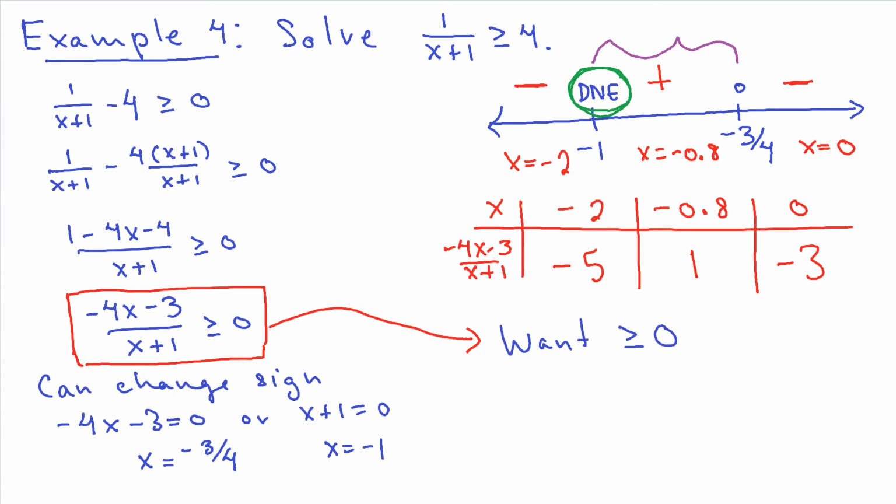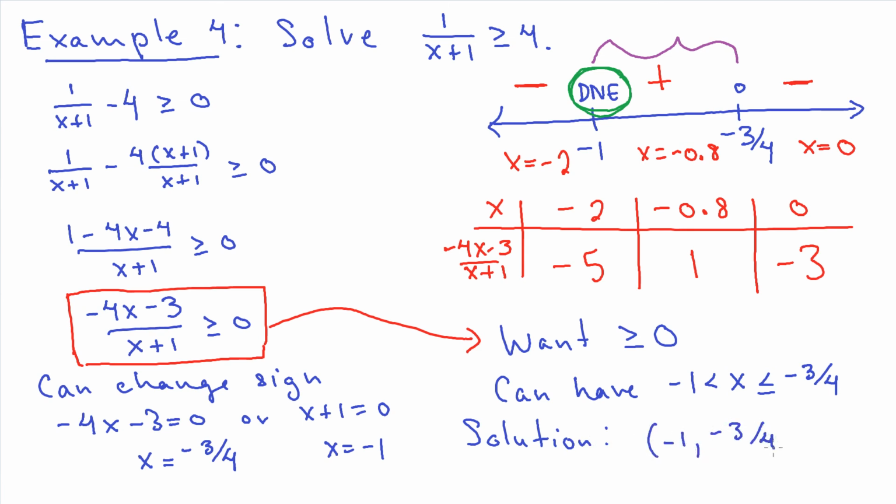So because of that, we can have x anywhere greater than -1 and less than or equal to -3/4. Equal to 0 is okay. Does not exist is not okay. And so our solution in interval notation is the interval from -1 to -3/4. And that is our solution to this problem.